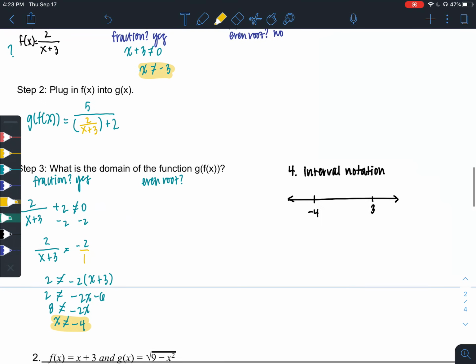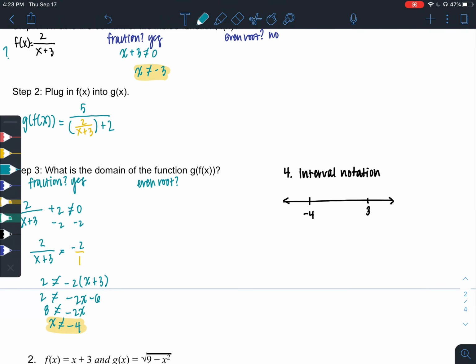So then finally we want to combine our two answers. Again, we have that x does not equal negative 3 and x does not equal negative 4. We get open circles on both of those, and everything else gets included.